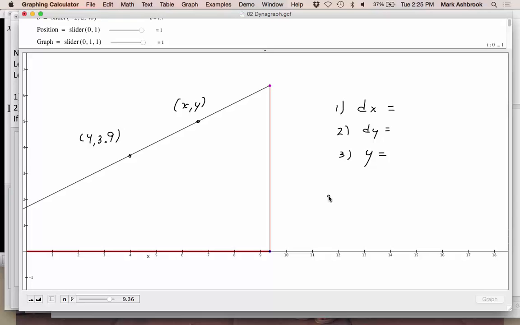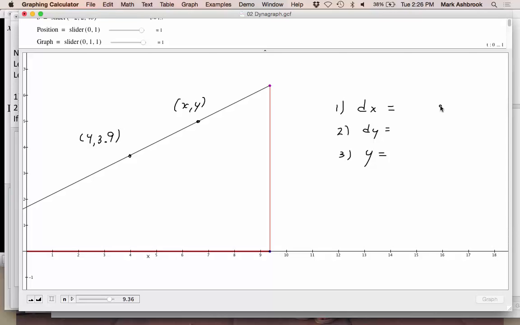X minus 4. So what's dy? 1/2 times x minus 4. What's dx? How much does x change from 4 to x?